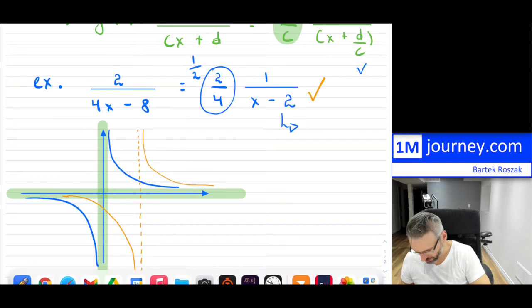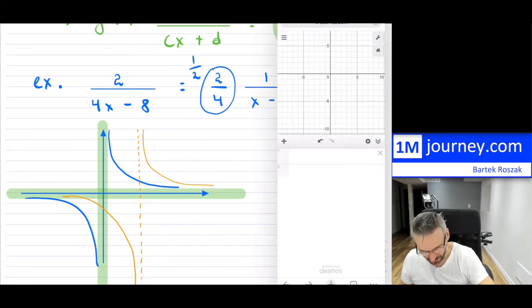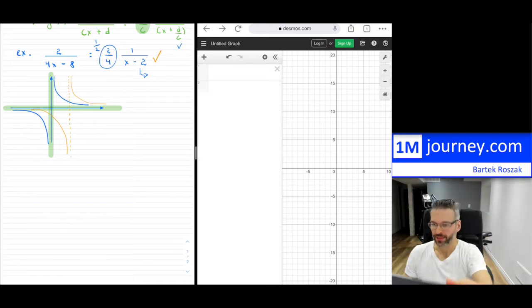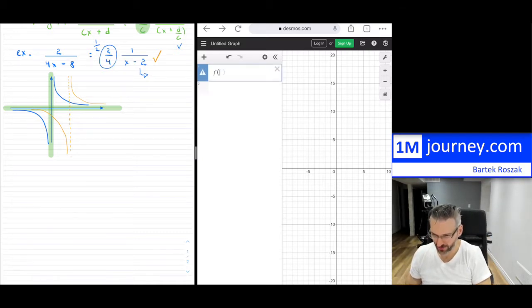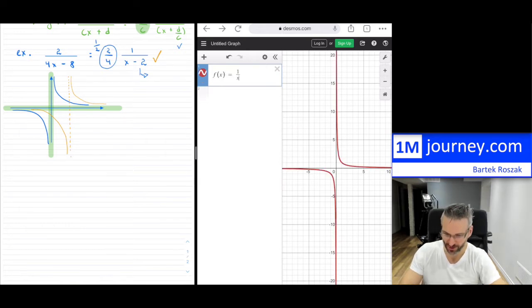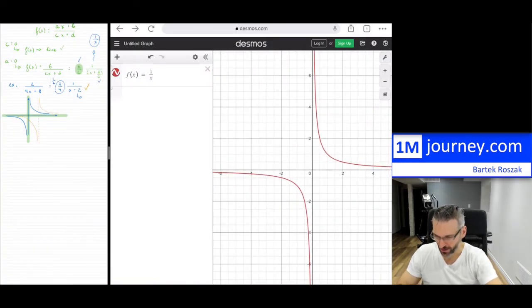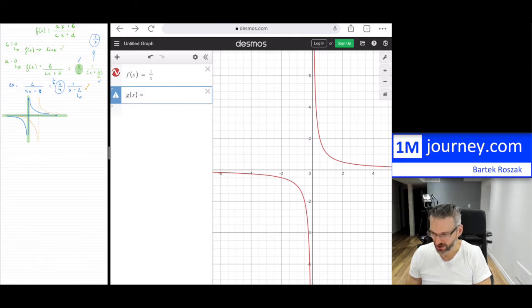Let me just show you here. Okay, f of x is equal to 1 over x, so here it is. That's my parent function. Then let's say g of x is equal to 2 over 4x minus 8.